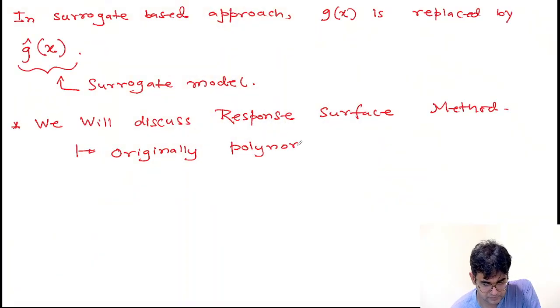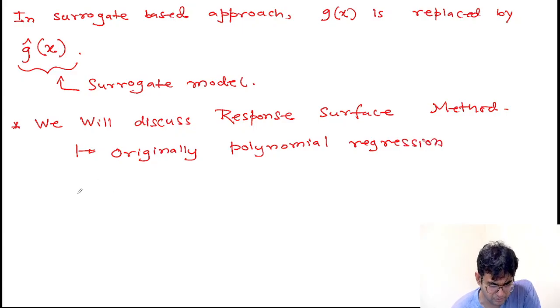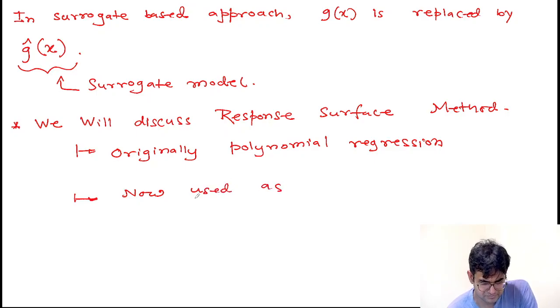So this was originally polynomial regression, but now used as a synonym to surrogate model.